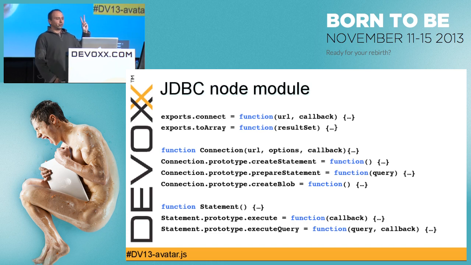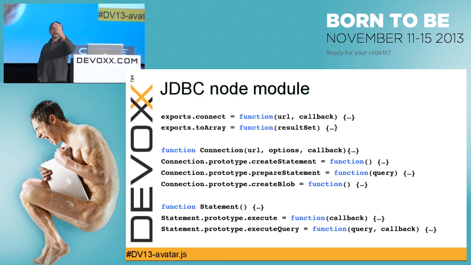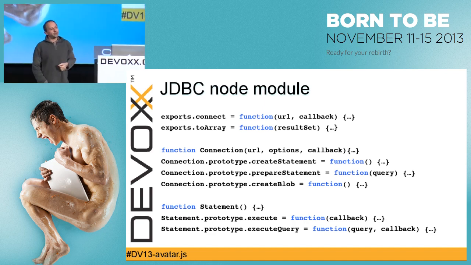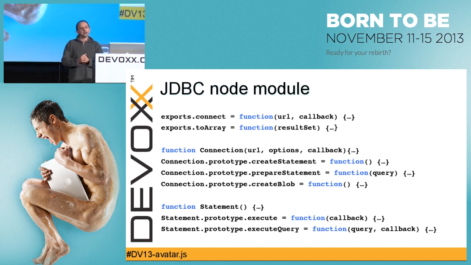So there are two functions, connect and toArray, we saw them. How do you go from a result set to a JavaScript object? In a result set, you have for each column the metadata where you will find the name of the column, and you can use this information to build key value pairs and create a JavaScript instance.